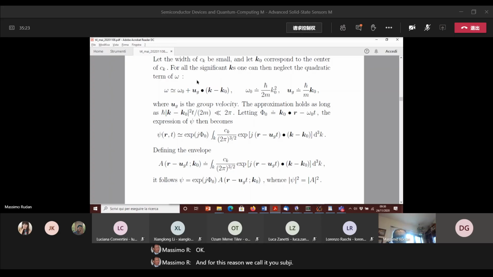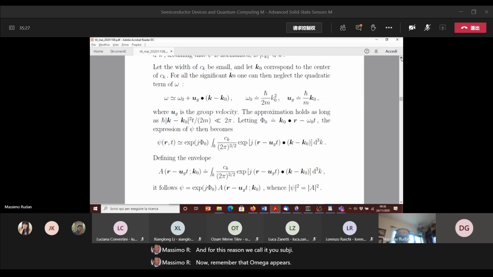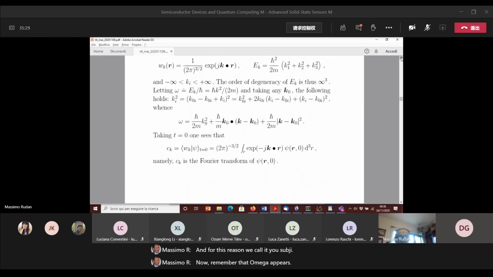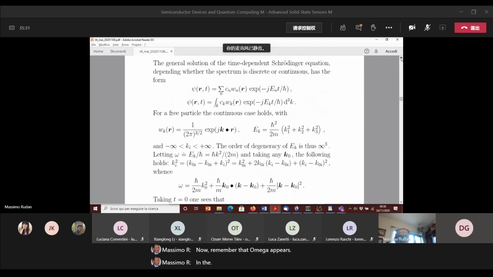Now remember that omega appears in the exponent inside the integral. You remember E sub k over h bar is omega. So what we are doing essentially is that we approximate the exponent inside the integral.